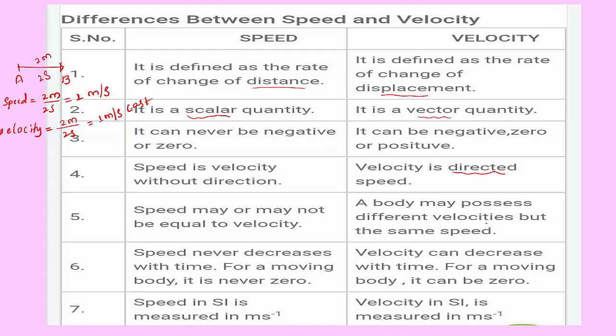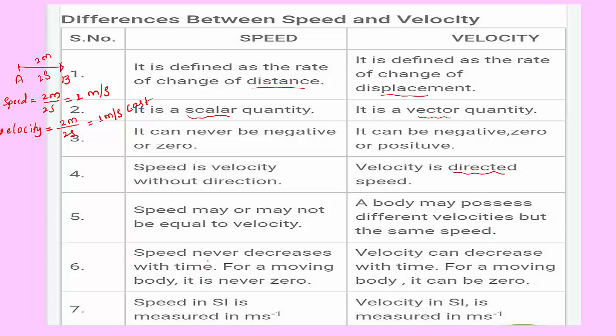Then a body may possess different velocities but the same speed. That means it has the same magnitude but different directions. Maybe the numerical value is the same but not the direction.